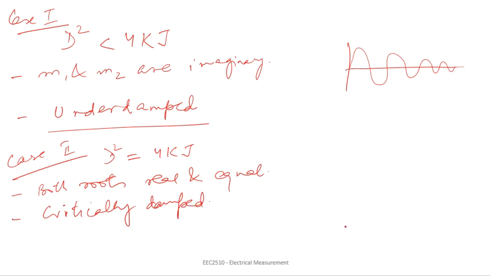The meaning of critically damped is that there will be no oscillation and the response will go to its required value in a quick time. So this is the meaning of the critically damped system.